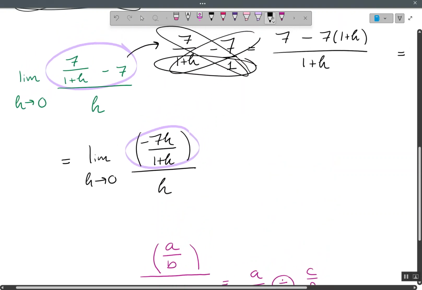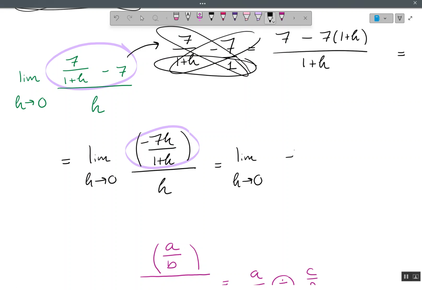So up here, we have negative 7h divided by 1 plus h, divided by h. And this divided by h is going to be the same as multiplying by the reciprocal. So this is h over 1. We can multiply by 1 over h.